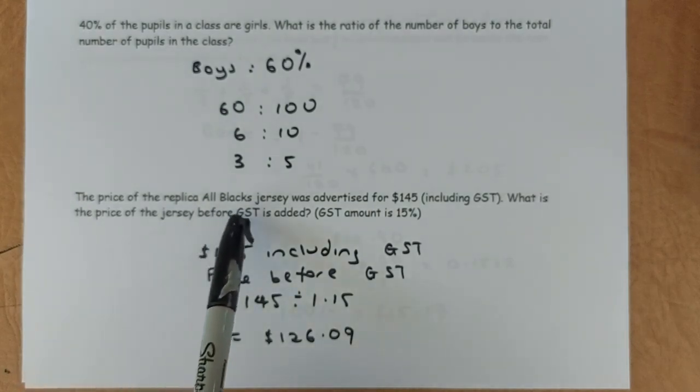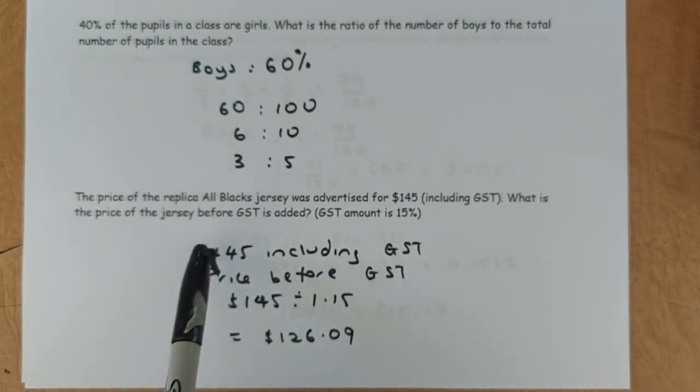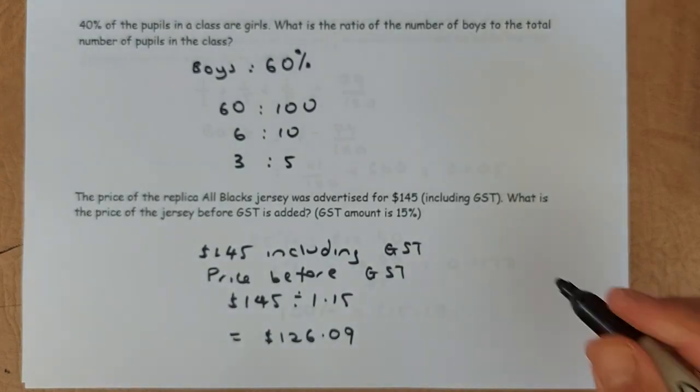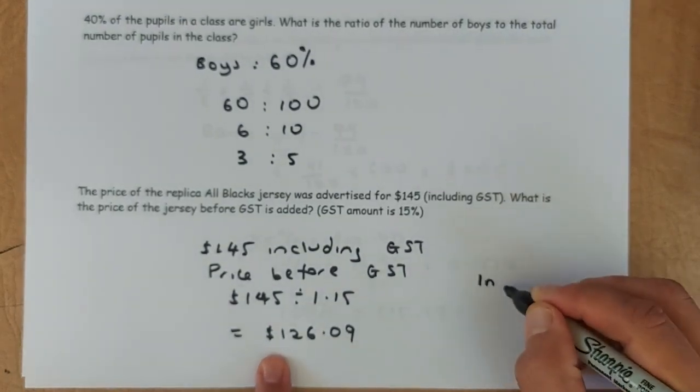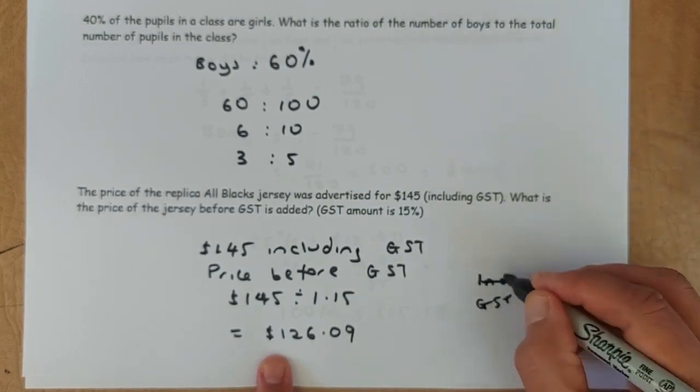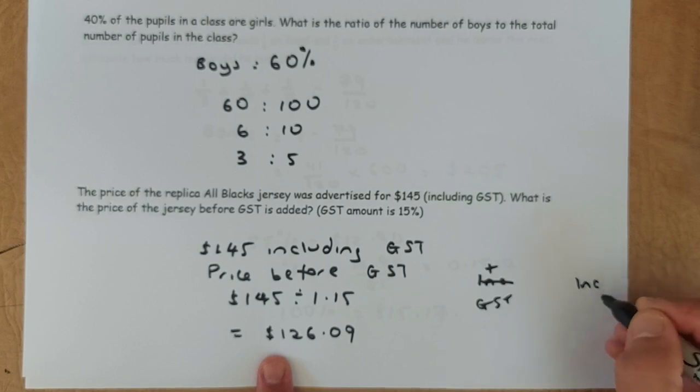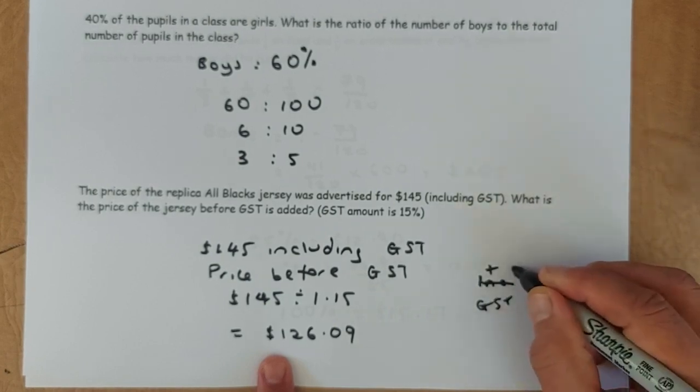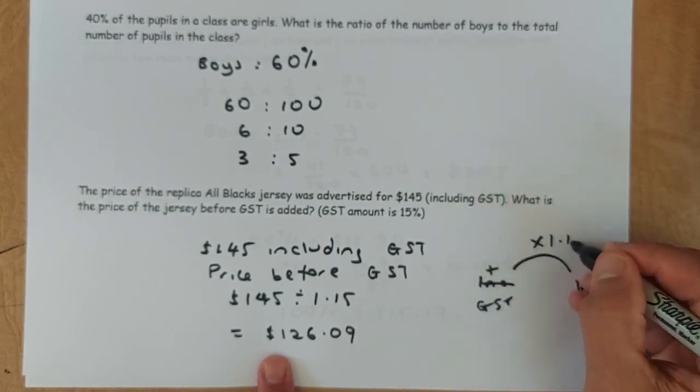Now the next question. The price of a replica All Black jersey was advertised as $145 including GST. What is the price of the jersey before GST? If you look at my previous video, this is plus GST and this is including GST. If you go from here to here, you multiply by 1.15.